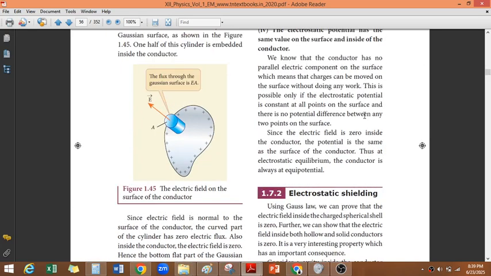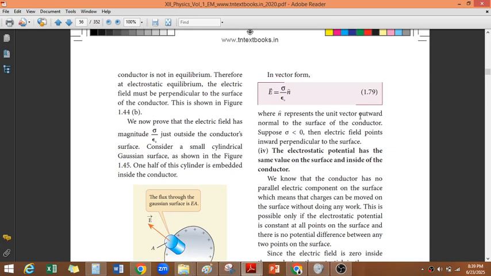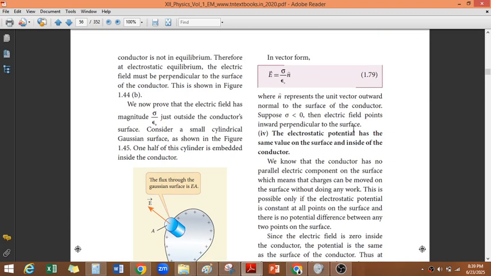Is this correct? Yes, sir. The electrostatic potential has the bold words, sir. This one. Same value on the surface and inside of the conductor. Yes, sir.